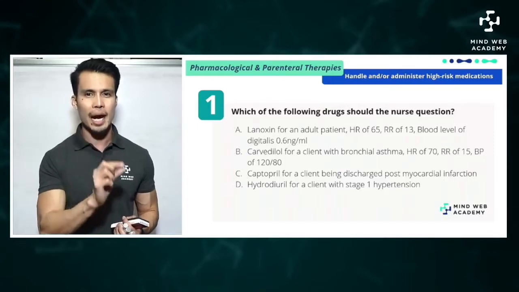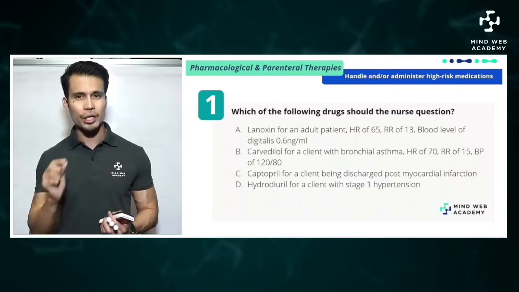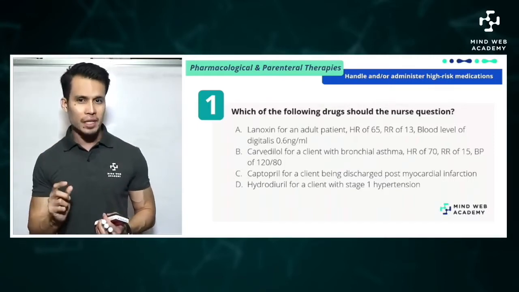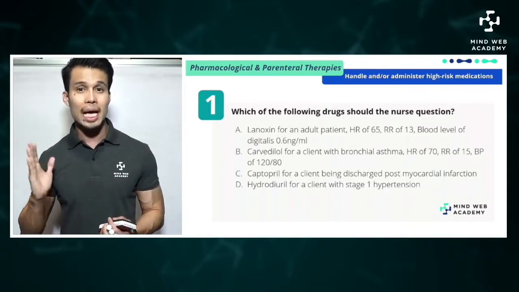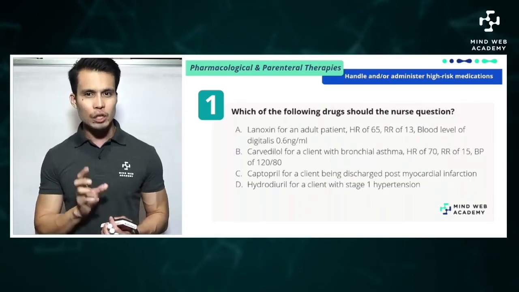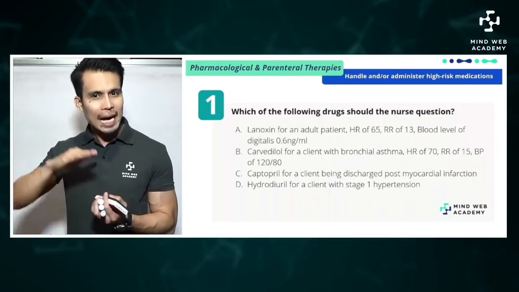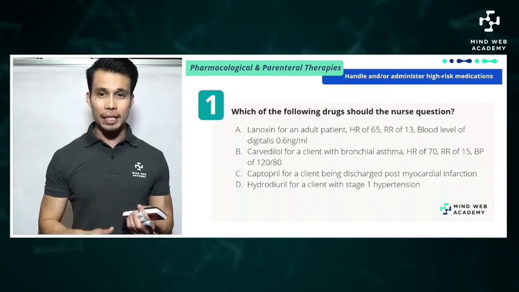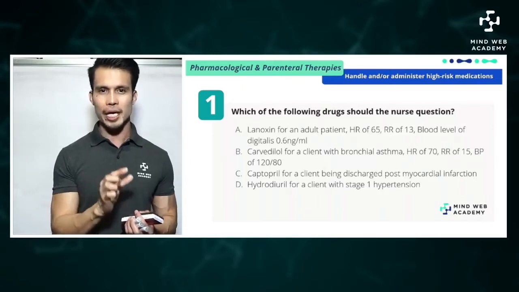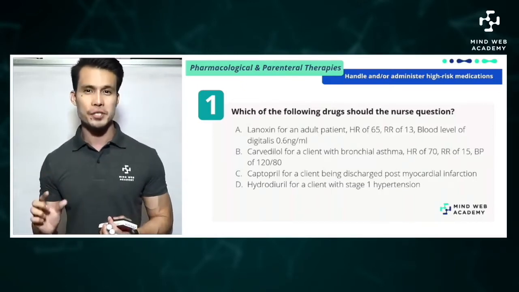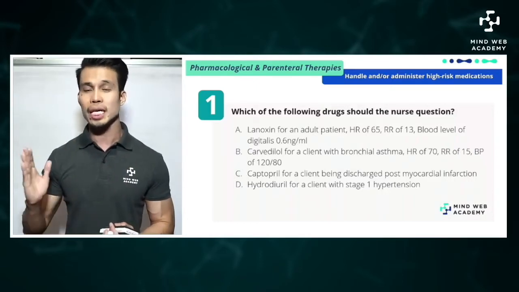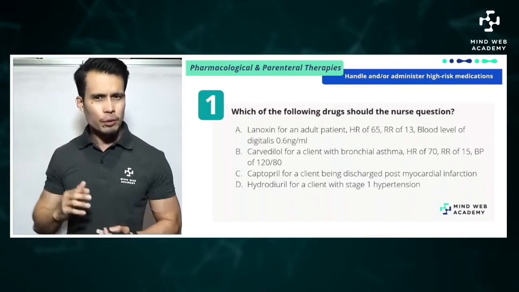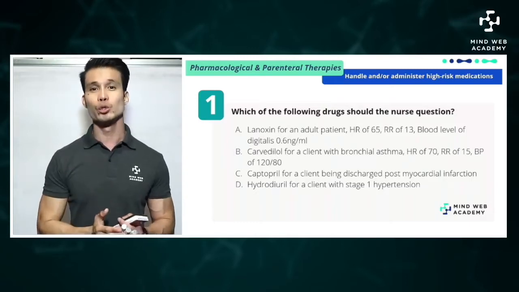When I say narrow therapeutic index, the therapeutic dose is very close to its toxic dose. In Tagalog, those are the medications where a slight increase in the blood level of our client will already make it toxic, because they have a narrow margin of safety. The therapeutic dose is very close to the toxic dose. So a slight increase in our medication will be harmful to your patient.